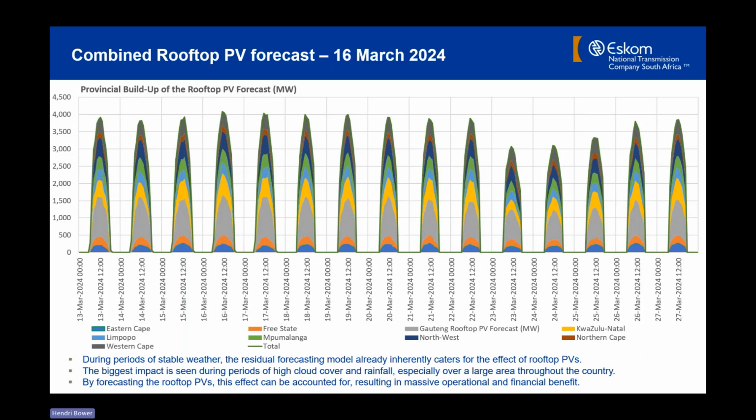So normally your load works conversely to what your output is from your rooftop PVs. So if the rooftop PVs are high, your load is lower during those periods. And when the rooftop PVs are low, your demand that's getting extracted from the grid is higher. So these forecasts, I think, will become crucial in managing all sorts of networks, whether it be at large-scale transmission, distribution, or even local at municipal level.